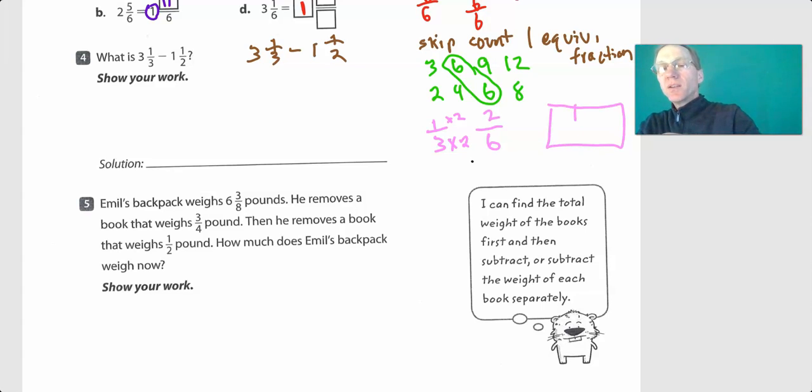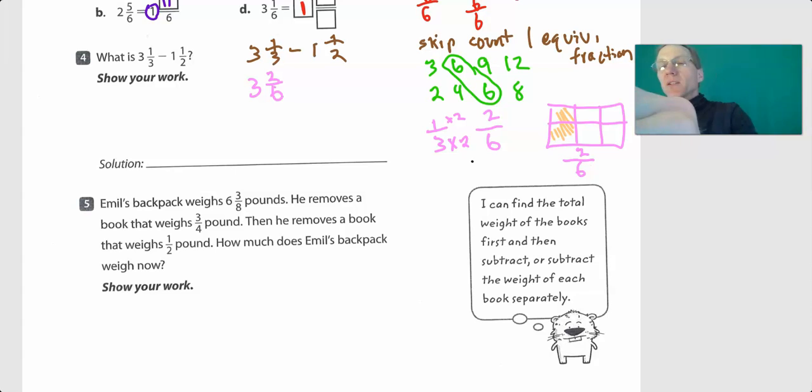I've got this pizza, and I've got 1/3. And what I said is I want to make it have 6 parts, so I cut it across like this. So not only do I have 6 parts in my denominator, because now it's 6 parts to make a whole, but that one big piece I turned into 2 smaller pieces. Okay? All right, so this becomes 3 and 2/6.